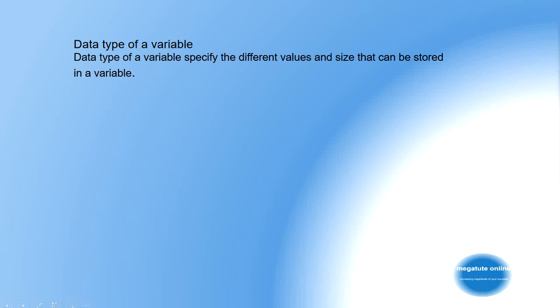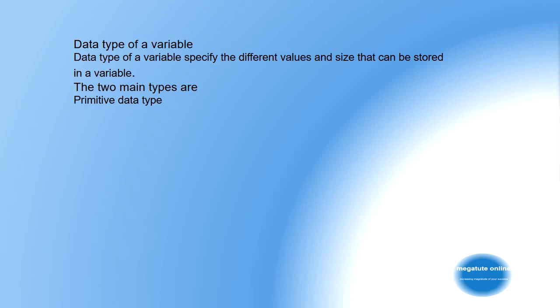As I just showed you, when I declare int a, the variable a is going to have the data within the range of integers. So that's specifying the range of data which can be stored in that variable. The two main types of data are the primitive data type and the non-primitive data type.